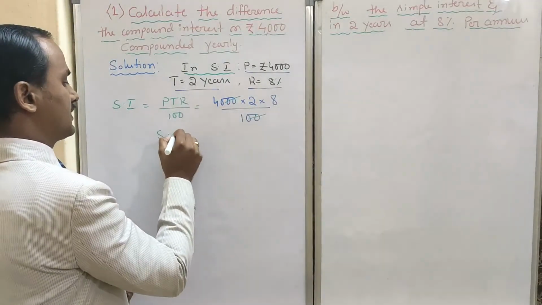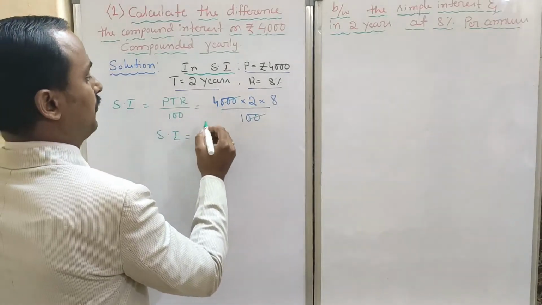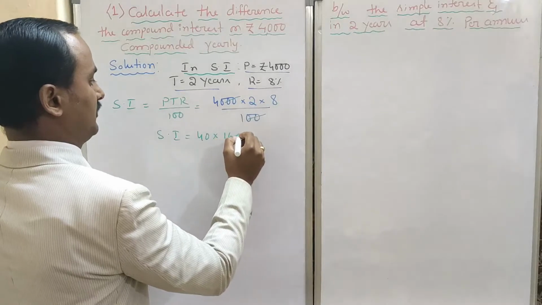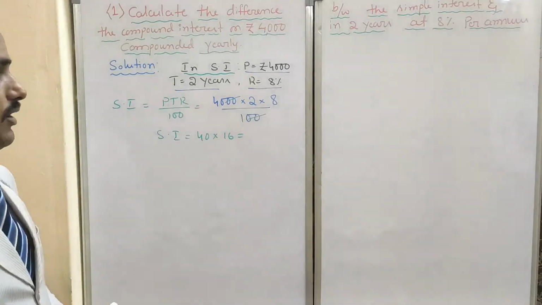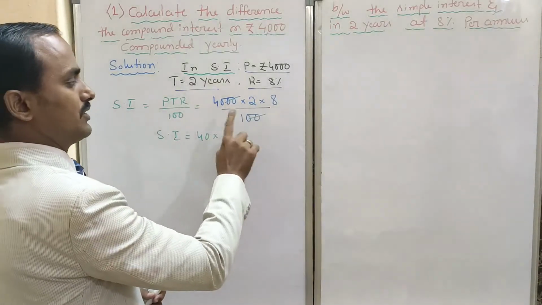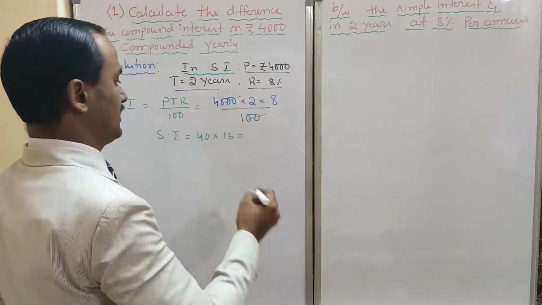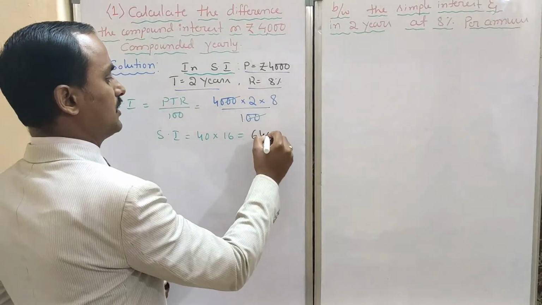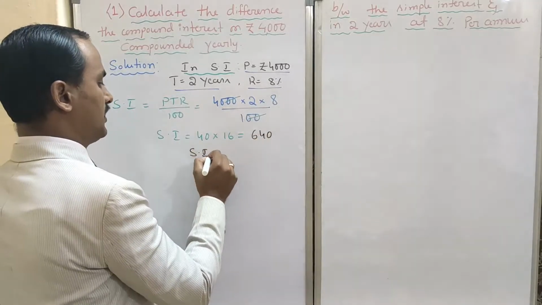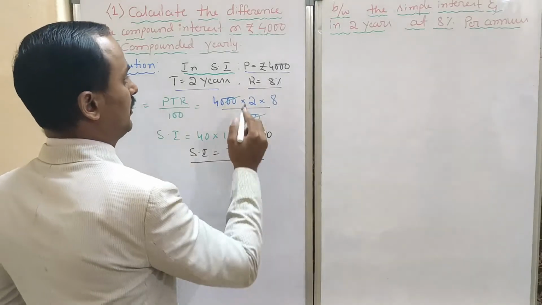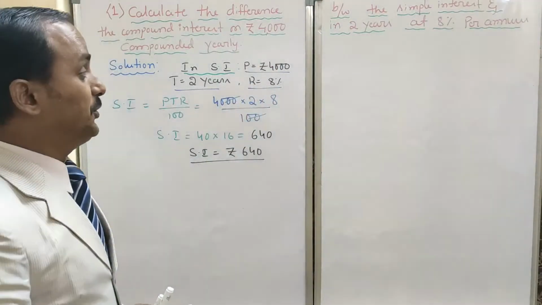Then simple interest is equal to 40 into 2 into 8, which is 16, 4 sixes are 64, and one zero. The simple interest is rupees 640 for 4,000 in 2 years.